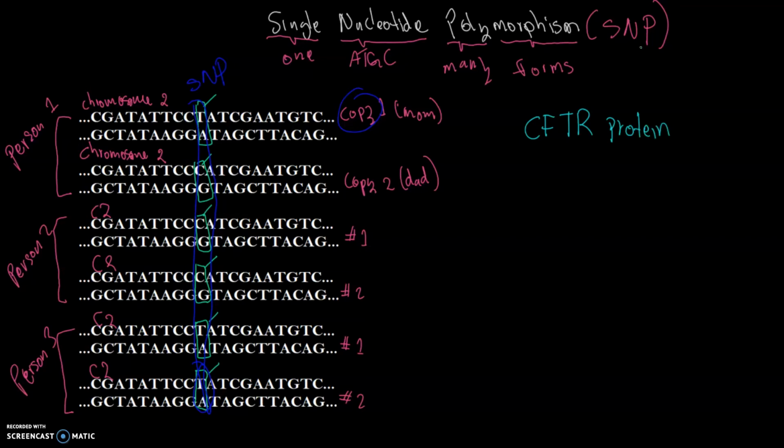This protein functions as a channel across the membrane of our cells that produce things such as mucus, sweat, saliva, tears, and digestive enzymes. This protein transports negatively charged particles called chloride ions into and out of our cells.